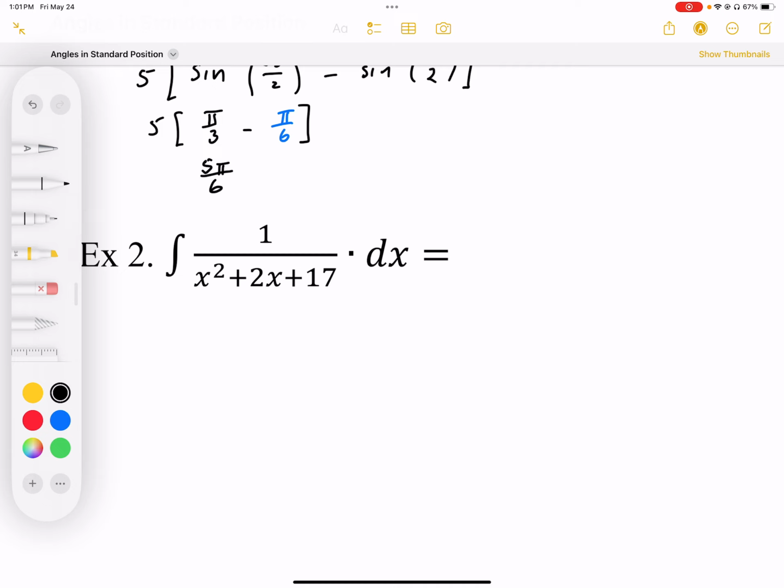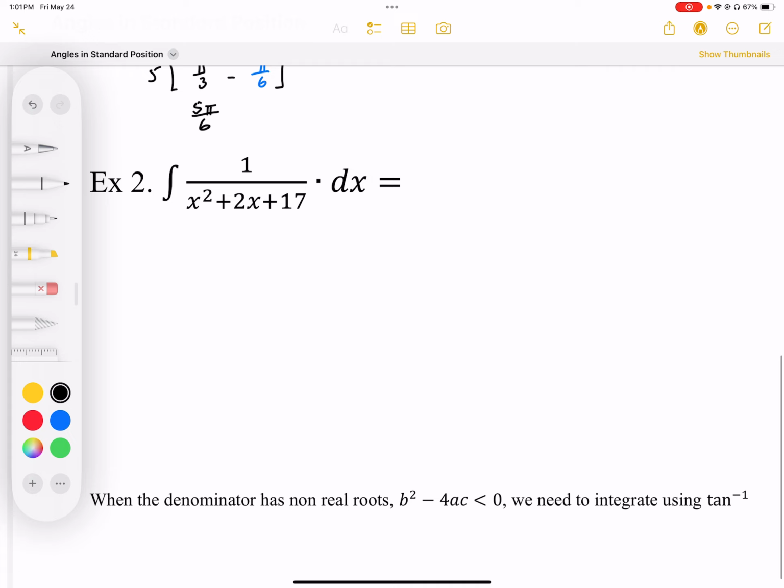And the thing that we can point to is, maybe I can put this into the arctan form. And what that's going to involve is, does this quadratic have a negative discriminant? Okay, if it does, that's going to fit our arctan form.